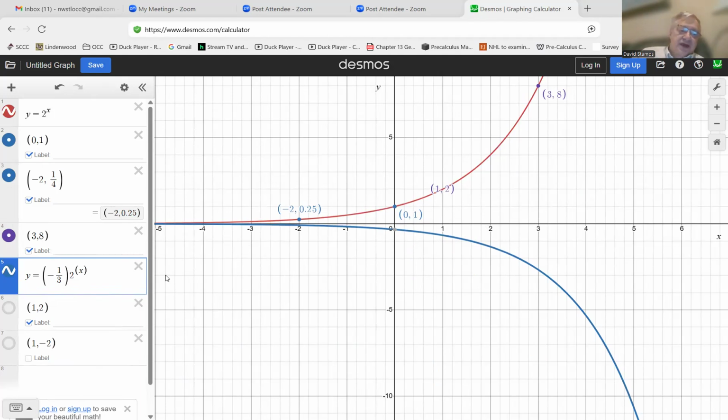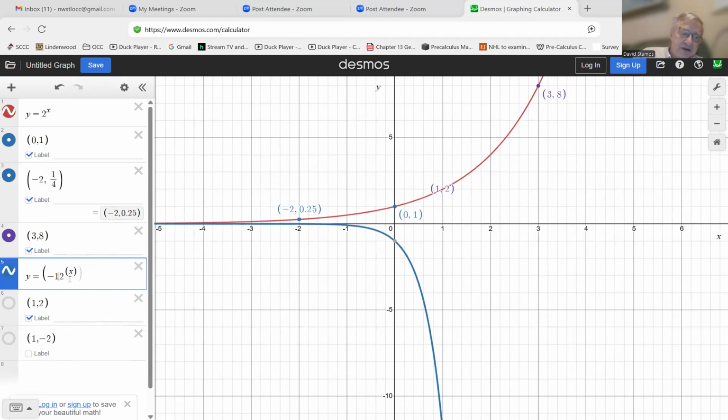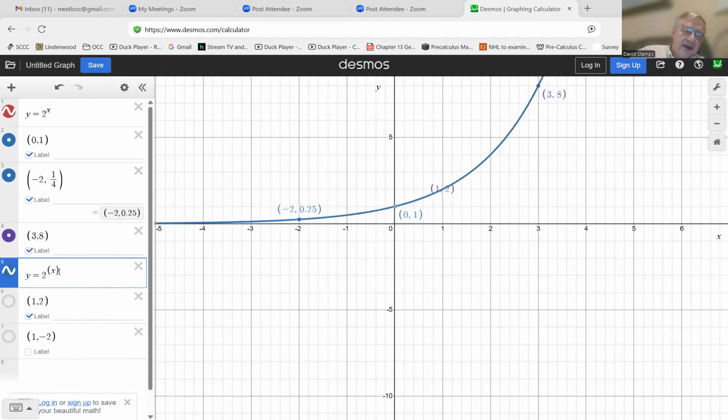And really, the only other thing we might throw in there is if I replace x with minus x or minus 2x or something, multiplying x by a negative number will reflect it over the vertical y-axis. So these points over here, like 3, 8, will go over to negative 3, 8. So I'm about to put in 2 raised to the negative x power. And there it is.